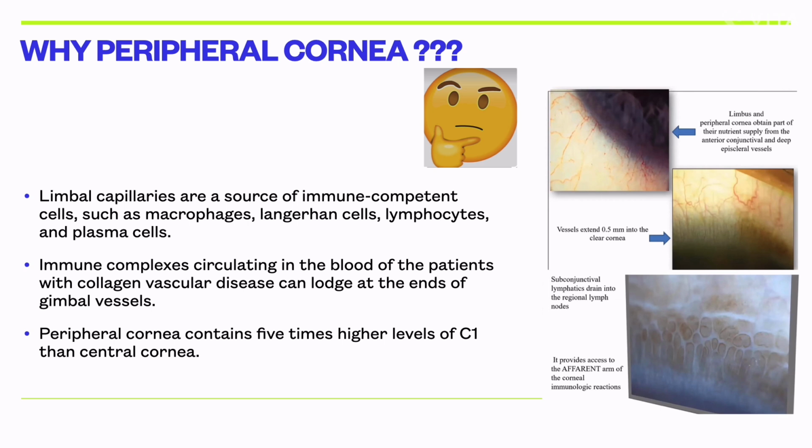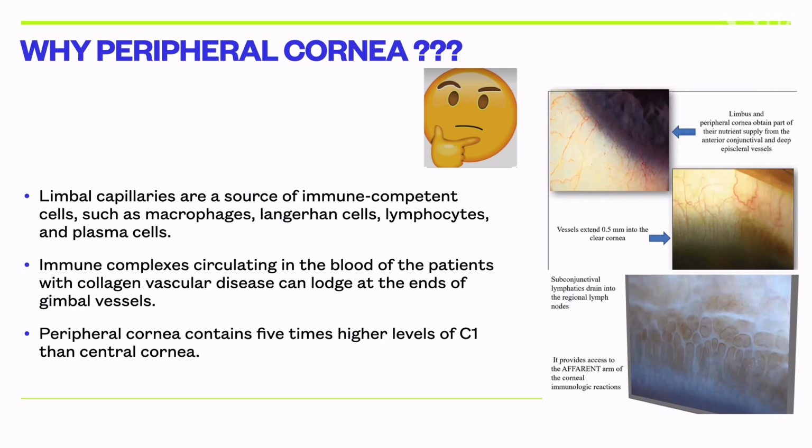Third, the peripheral cornea has higher levels of complement component like C1, nearly 5 times more than the central cornea, which enhances the complement activation. Additionally, limbal vessels extend slightly into the peripheral cornea and provide access to the efferent arm of the immune response. So in summary, the peripheral cornea is immunologically active and vascularized, making it the primary site for immune complex deposition and stromal melting in PUK.